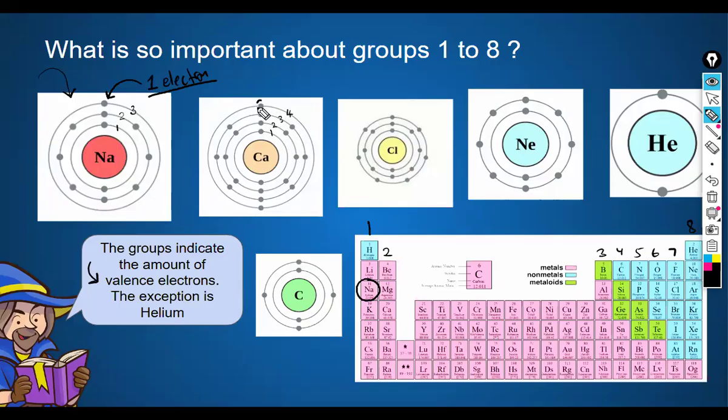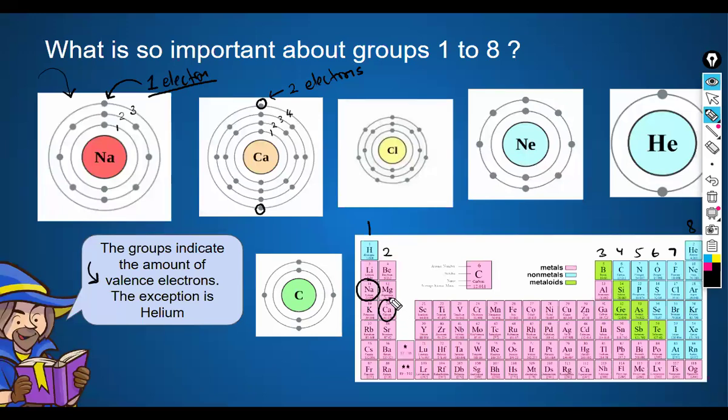And on the last shell, how many electrons would it have? 2 electrons. In other words, I could say there are 2 valence electrons. Look at where the person placed calcium.